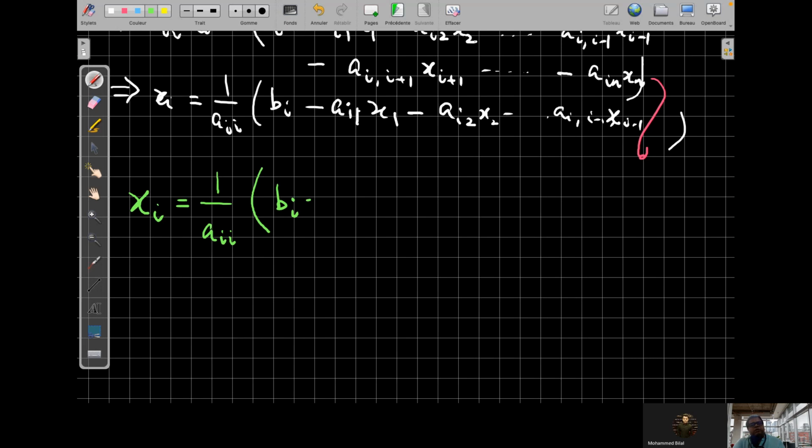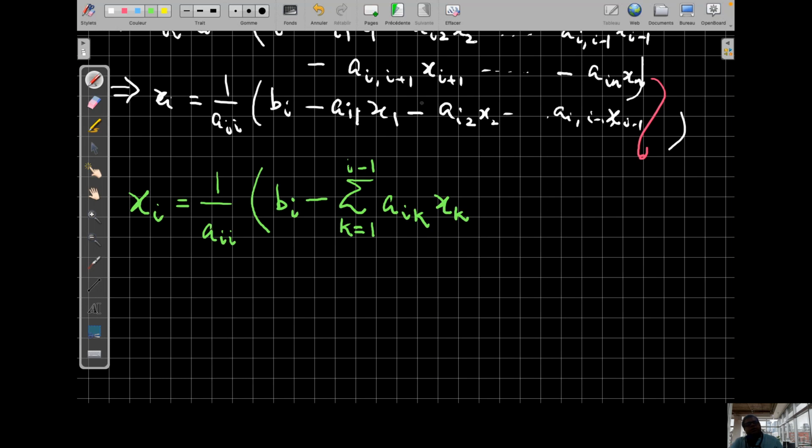So how do I do this? I'm going to use a sigma notation, and I say k equals 1 to i minus 1. And then here, I write a_ik, and we are going to write x_k.